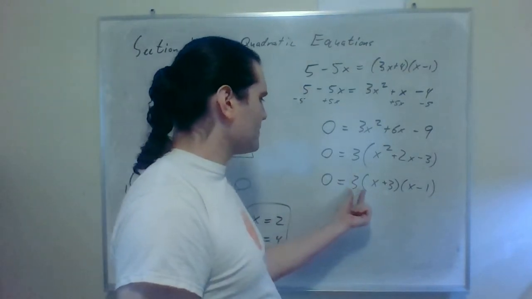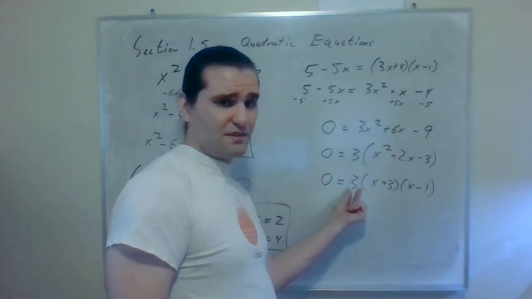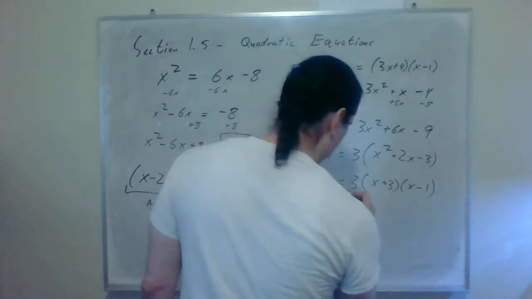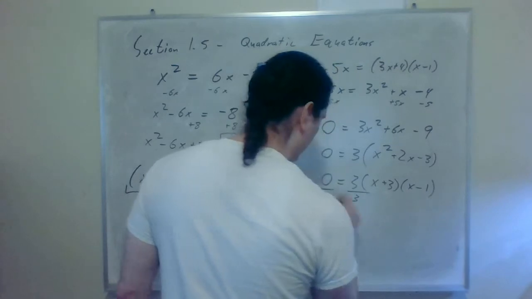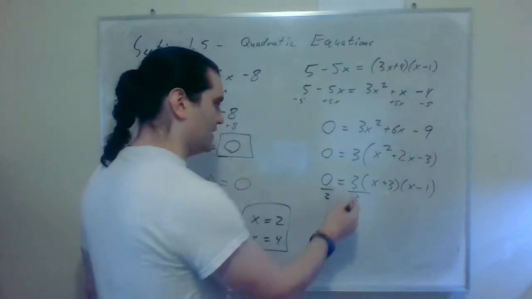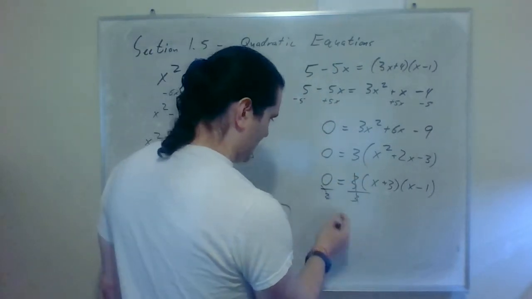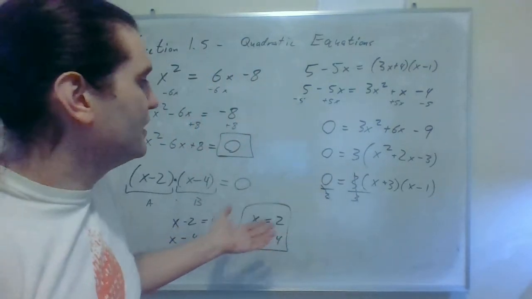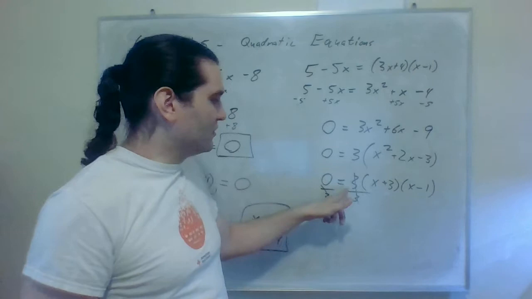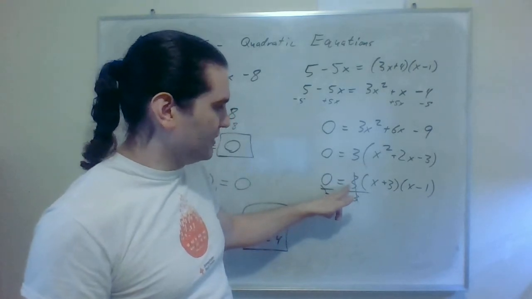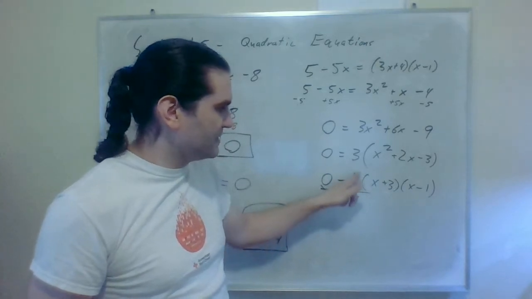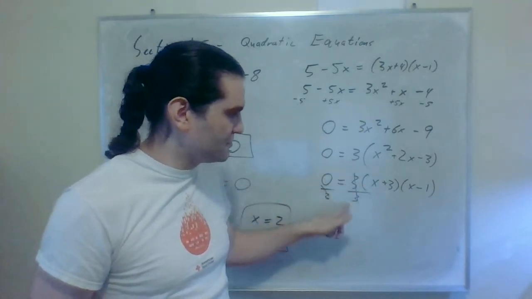So this 3, you could leave it here if you wanted. If you want to divide everything by 3, like divide both sides of the equation by 3, you could, and it'll cancel out here and it won't do anything there. 0 over 3 is just still 0. So you could get rid of it. You could leave it there and just know that this piece, the 3, doesn't have an x in it, so it's not going to contribute a solution.